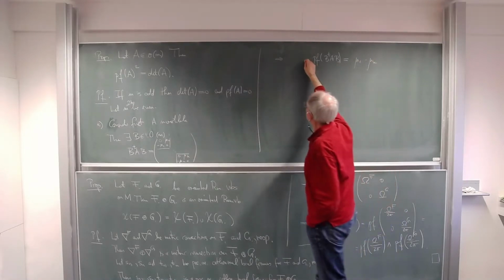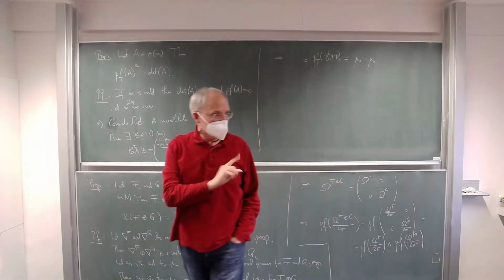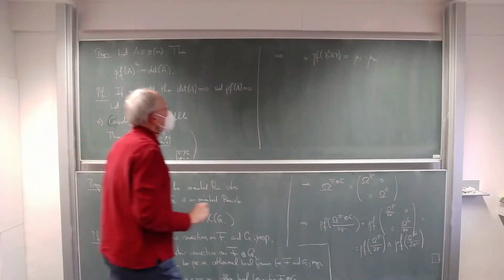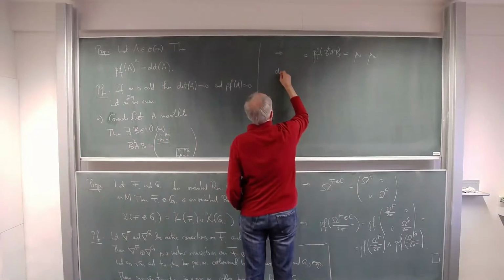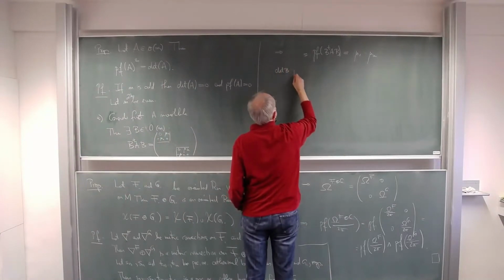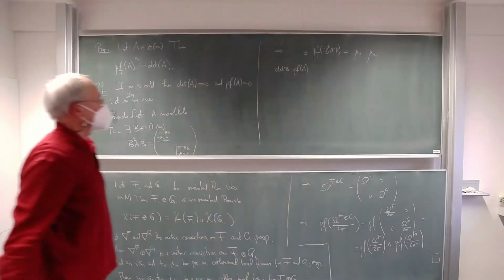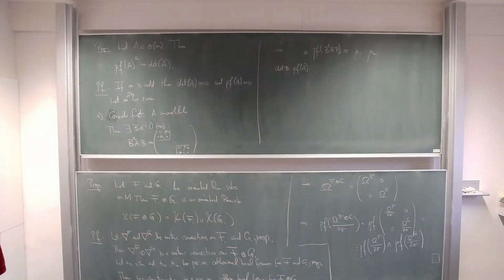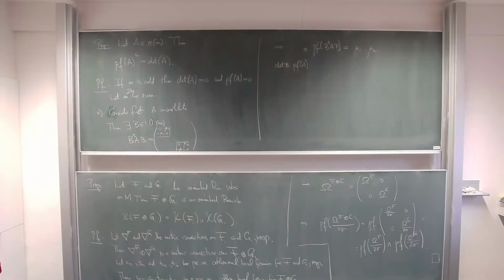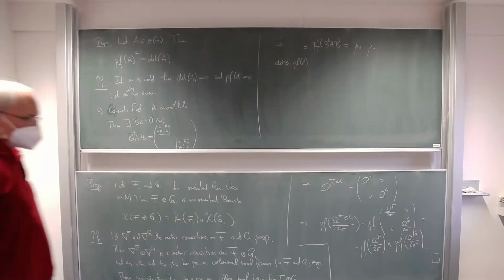On the other hand, we have this invariance property, which we have proved last time, which is given as the determinant of B times the Pfaffian of A. So we have that. Okay, that's one thing.